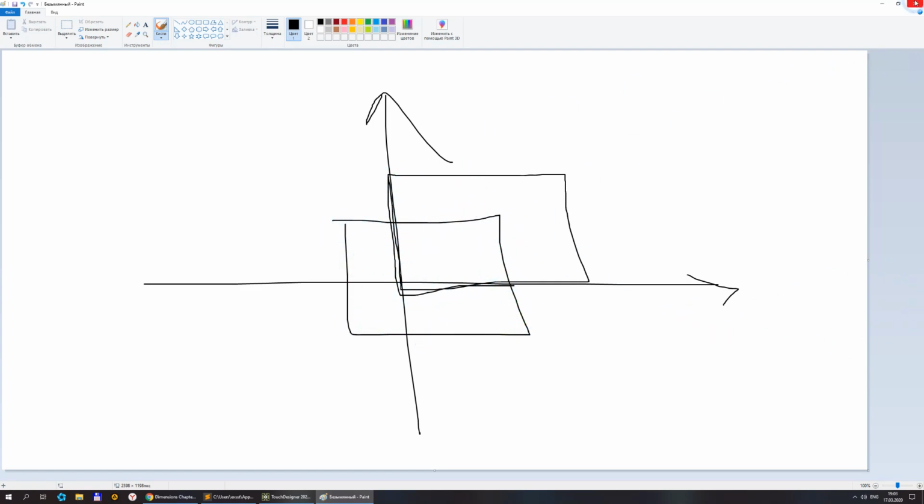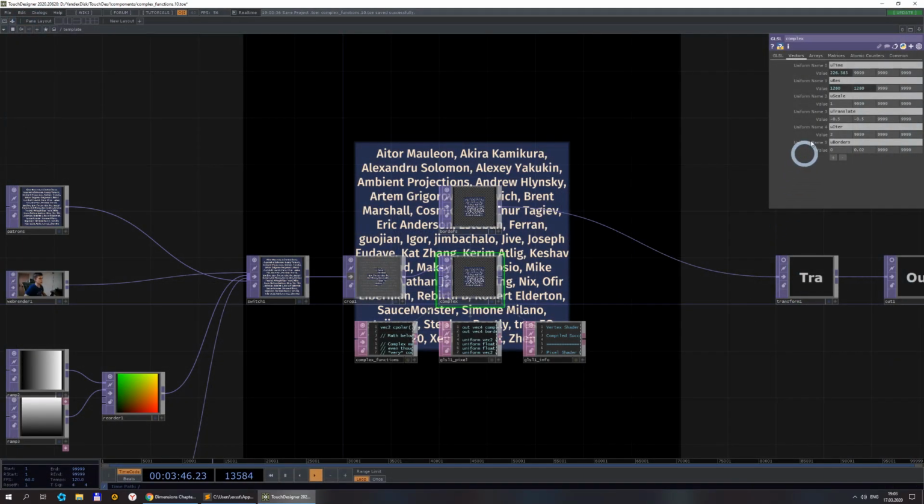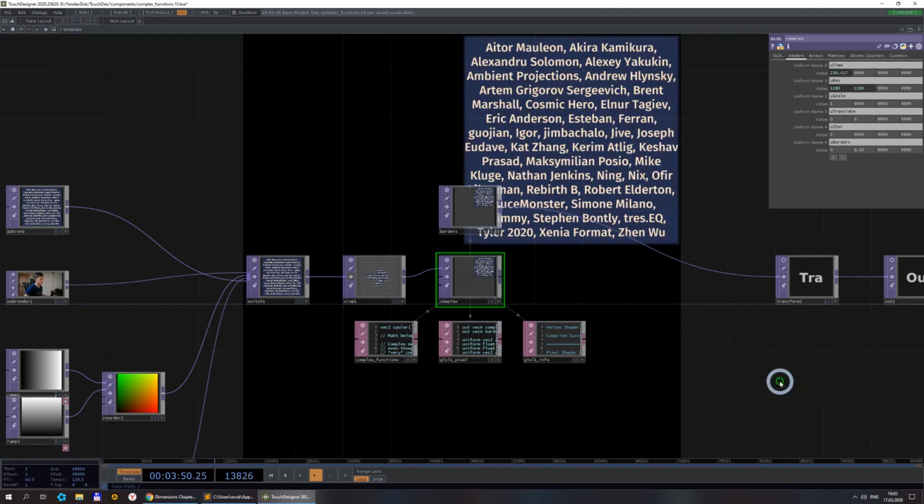But with transformation you could play with it. Okay. It's also good to start with iteration equals 1, and I'll come back to these iterations later.